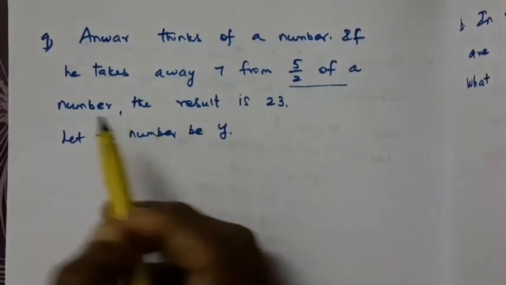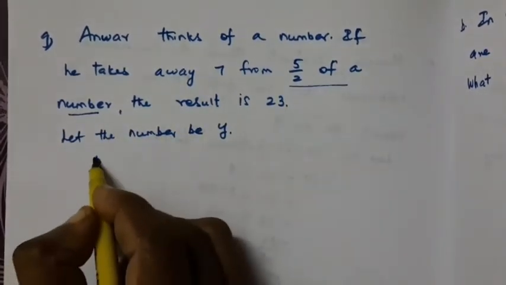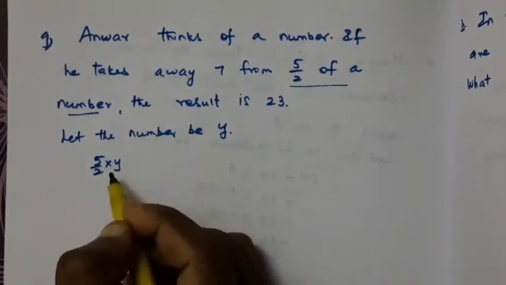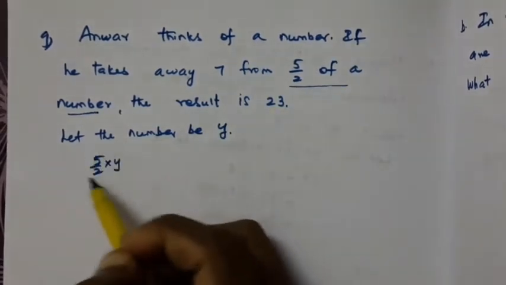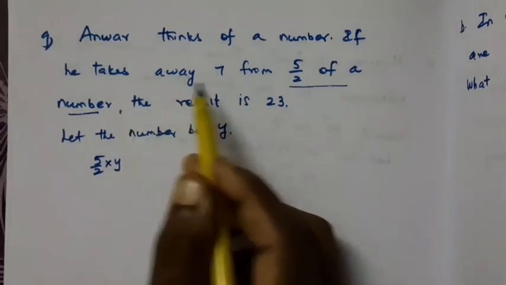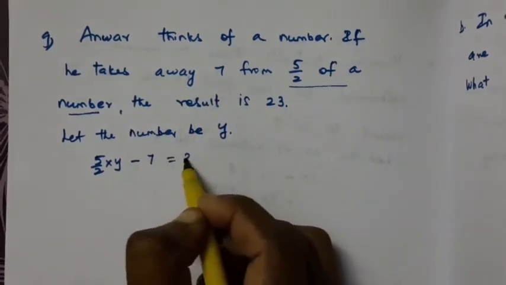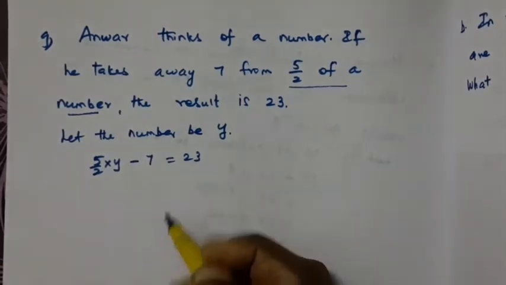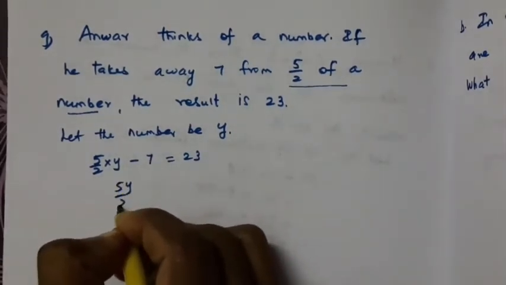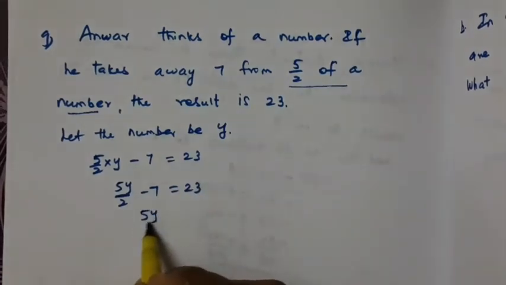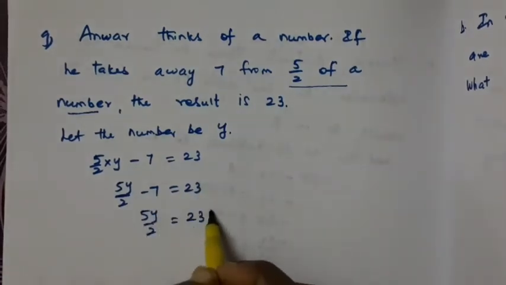It is 5/2 multiplied by y. From this 5/2 of a number, he takes away 7, which means minus 7. The result is 23. This is the equation: 5y/2 minus 7 equals 23. 5y/2 equals 23 plus 7.